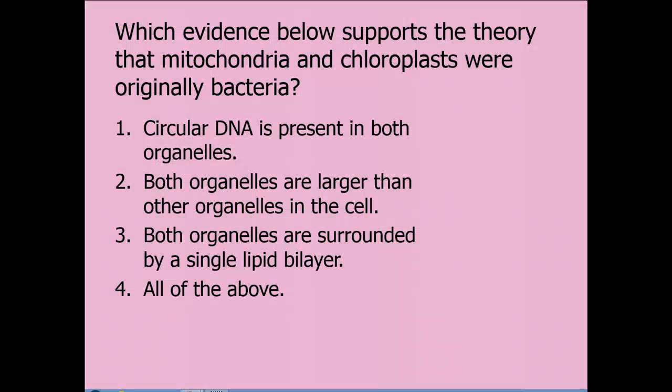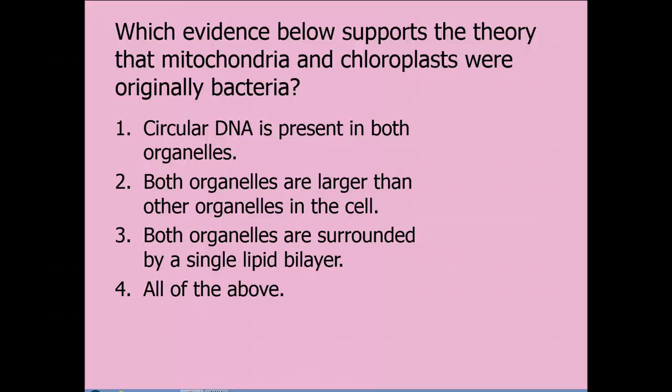Which evidence below supports the theory that mitochondria and chloroplasts were originally bacteria? I'll give you a few moments here to think about this. I look at some of these answers here. Both organelles are larger than the other organelles in the cell. Well, we know that's not true. So that kind of rules out 2 and 4, because all of the above and 2 are obviously not compatible.